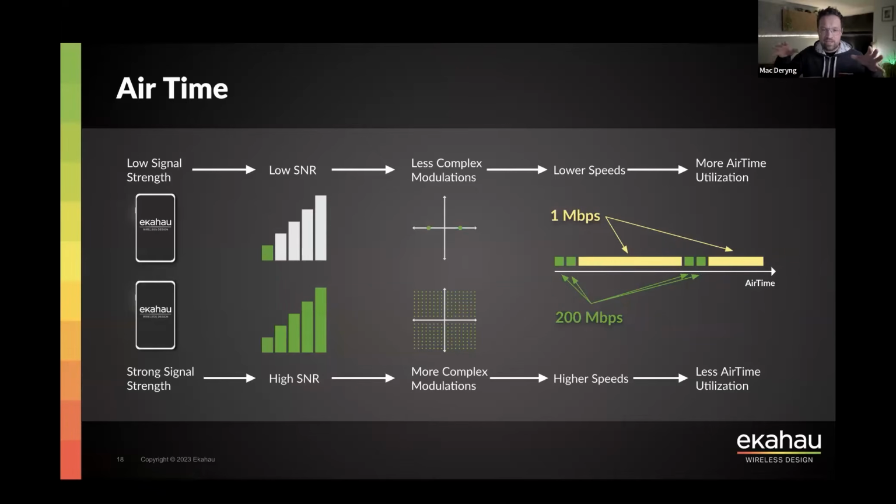And that means that you will have to be transmitting not too many ones and zeros at any given time, okay? So when a device transmits using less complex modulation with a low SNR environment, the time it takes to transmit the certain amount of data that the device wants to transfer, it just takes more time. And that device might be able to send some of its data in a single transmit opportunity.